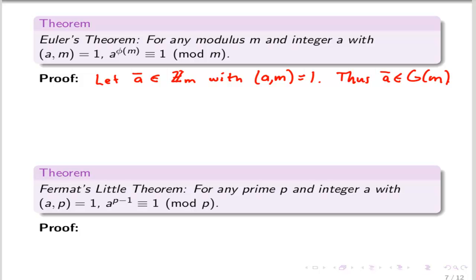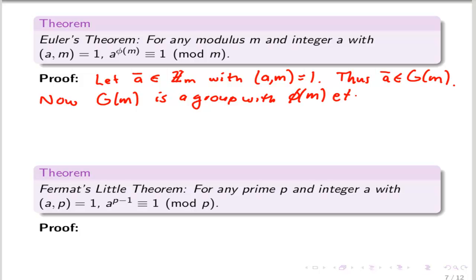And what is the group of units mod m? It's an abelian group. It's a finite group with how many elements? Gm is a group with phi of m elements. And so we're in a group. We have an element a bar. The previous lemma tells us what?